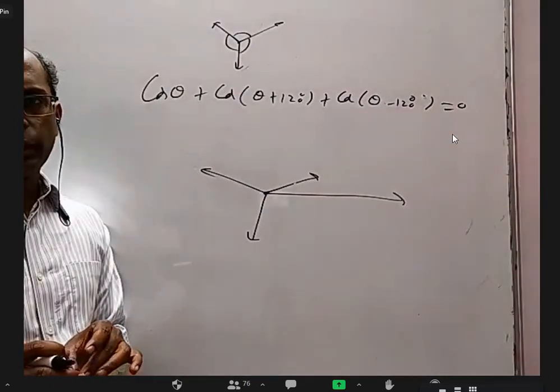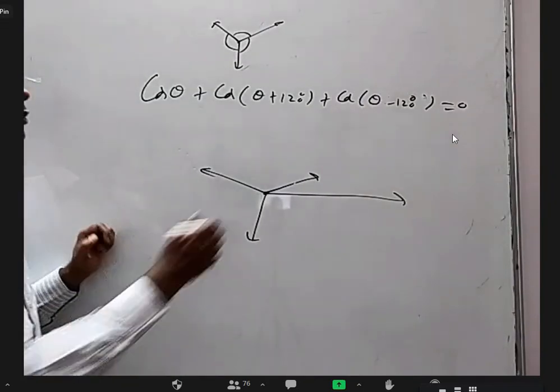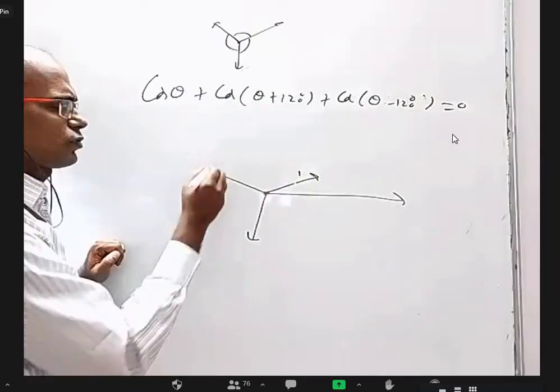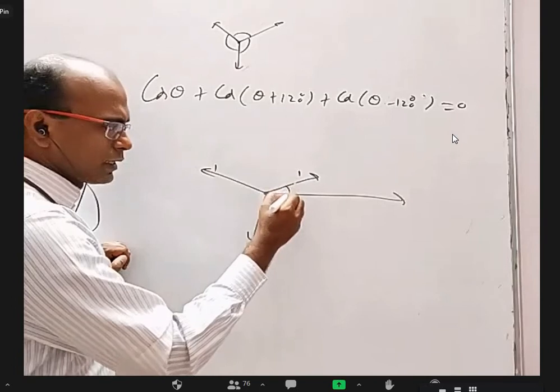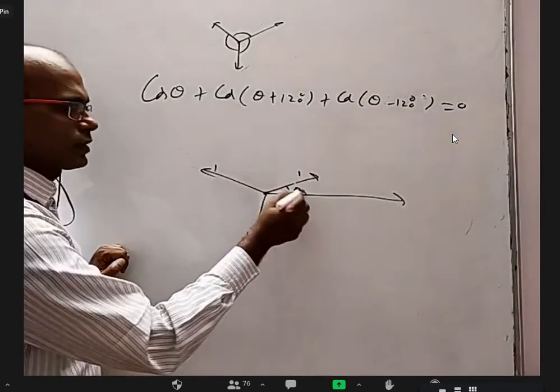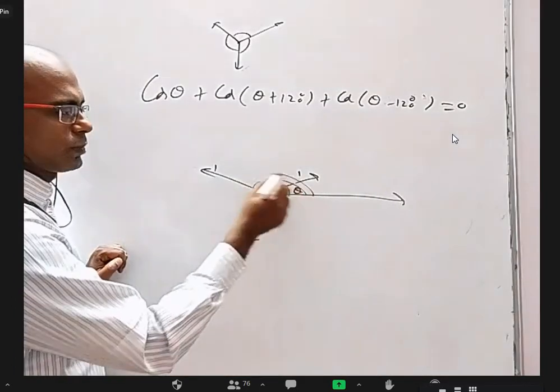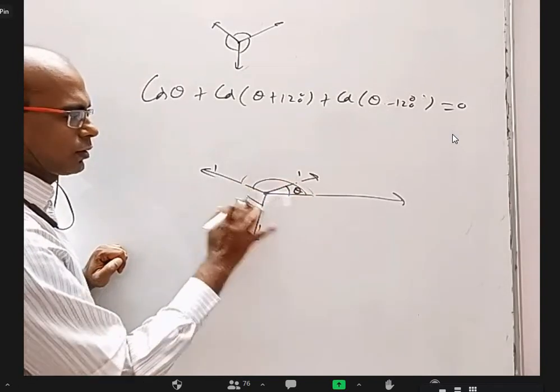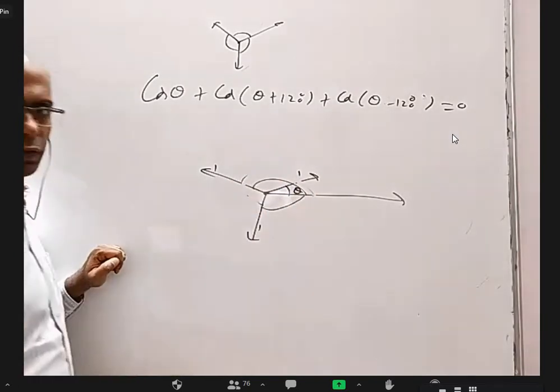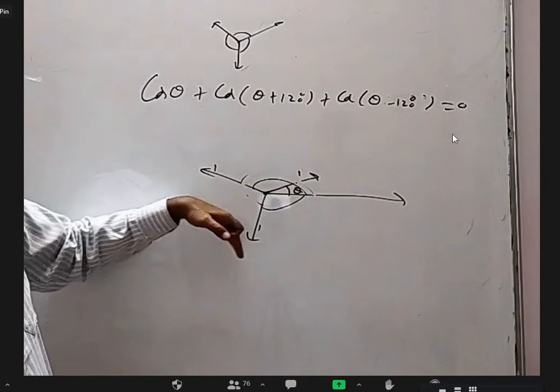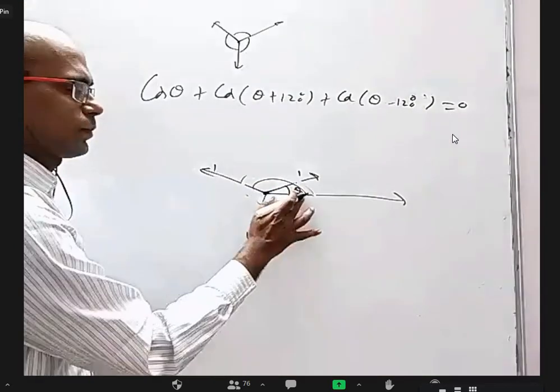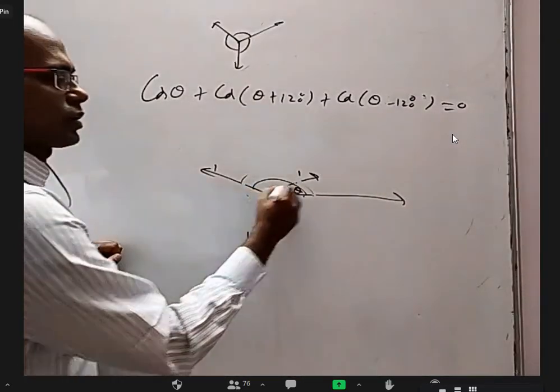And the sum of the vertical components too. So this is a 1 Newton force, 1 Newton force, 1 Newton force. This angle is theta. This is theta plus 120. This will be theta plus 240, or you can say theta minus 120, because from theta we are subtracting 120, as this total is 120. So what is the horizontal component of this?